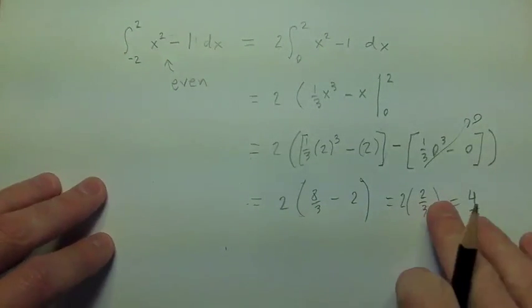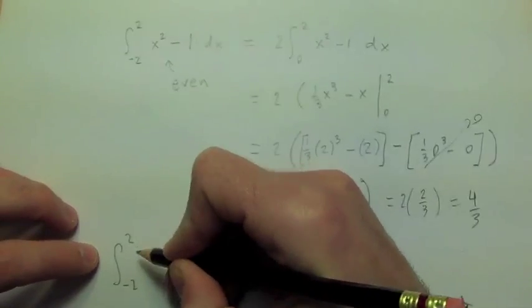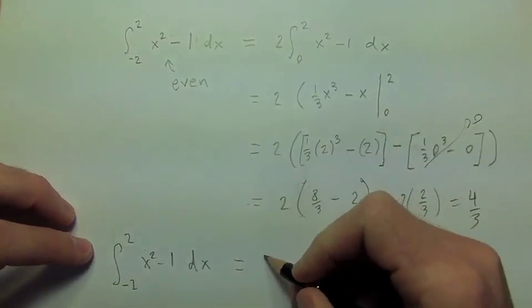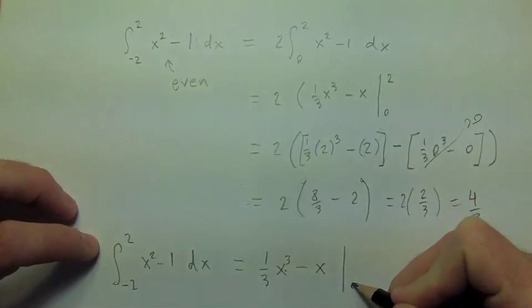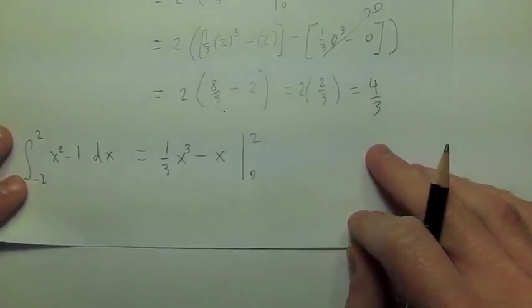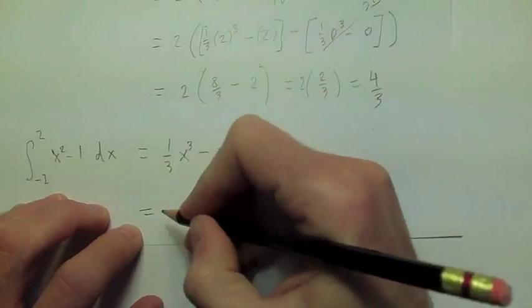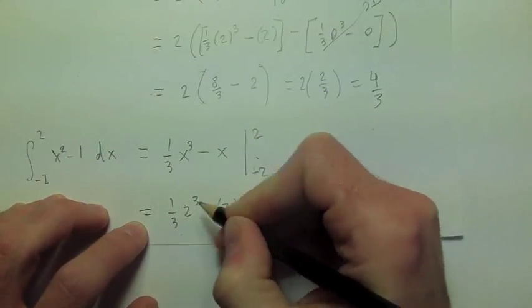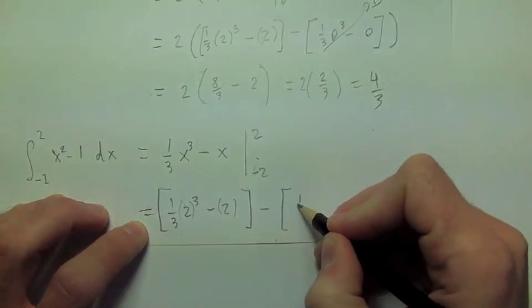Okay. If we had just done this the longer way, negative 2 to 2 of x squared minus 1 dx, I mean, we'd get the same integral. Okay, but we would actually have to plug in 2, so it'd be 1/3 2 cubed minus 2, and negative 2.